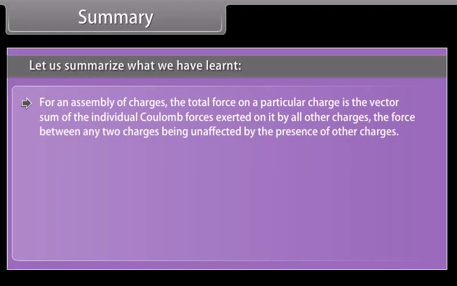For an assembly of charges, the force on a particular charge is the vector sum of the individual Coulomb forces exerted on it by all other charges, the force between any two charges being unaffected by the presence of other charges.